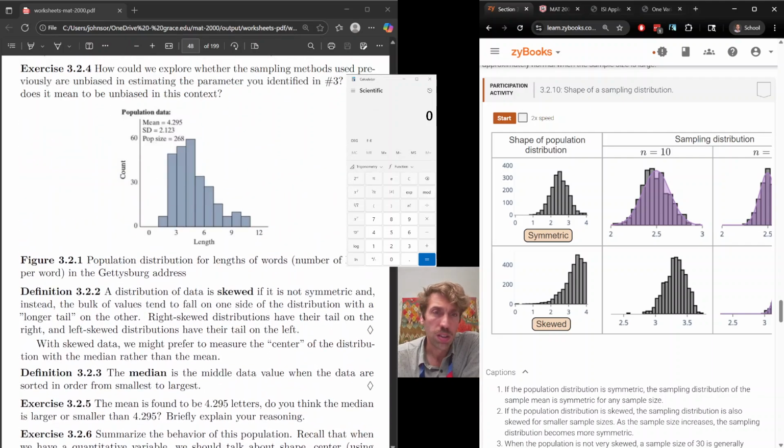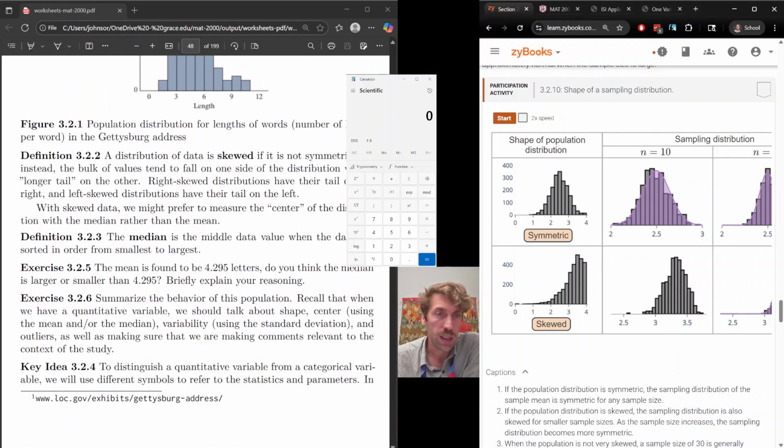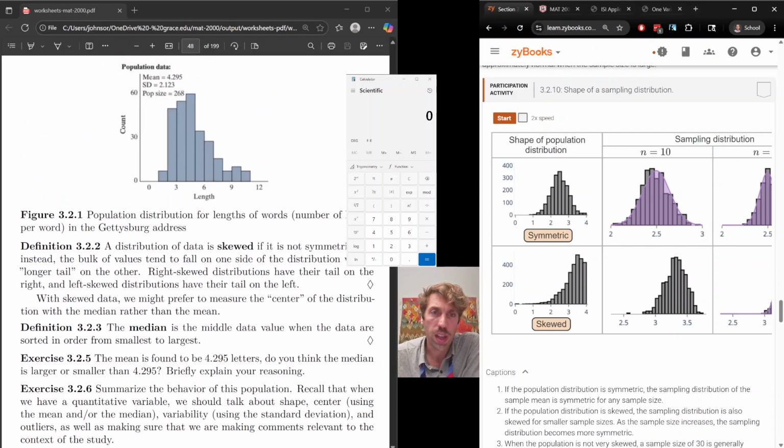Okay, so this distribution regarding those 3 numbers, those are going to come back. Data is skewed right if more of the tail is to the right, skewed left if more of the tail is to the left, and the median is the middle data point. So when you have a distribution like this, the median is the line where you're coloring one half of the area one color and one half the other color, like you're splitting the area in half.